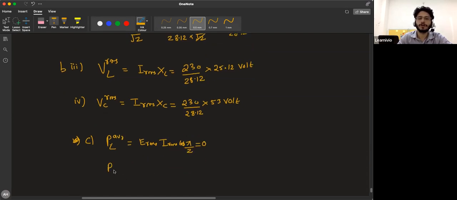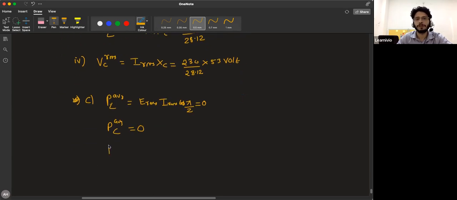Similarly, you can calculate power across the capacitor. That comes out the same. Similarly, you can calculate average power across the circuit.